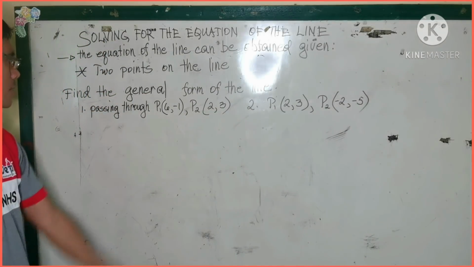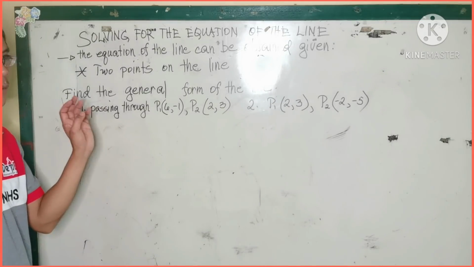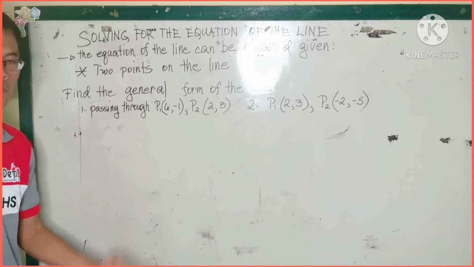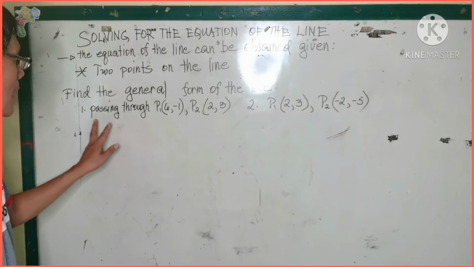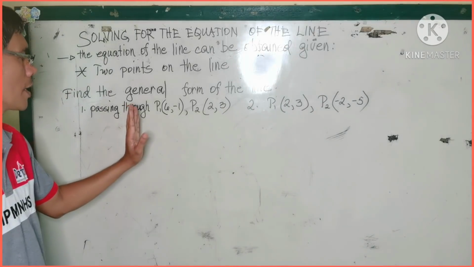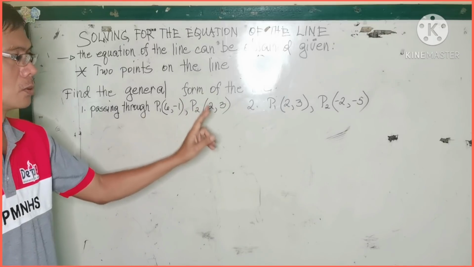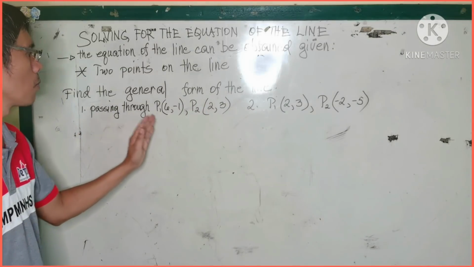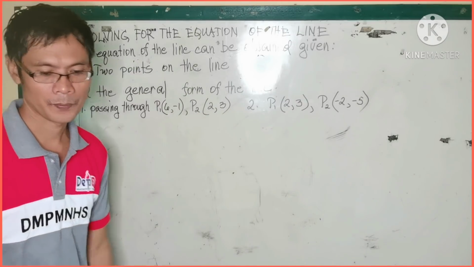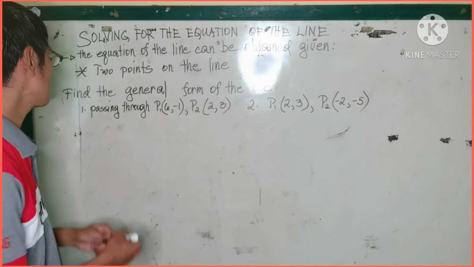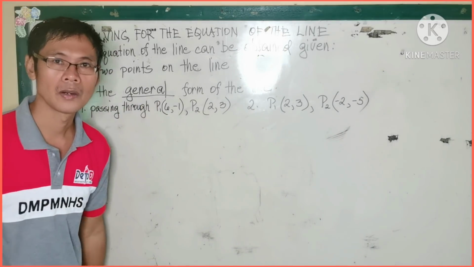Here the direction is: find the general form of the line, or solve for the equation of the line and express it in general form. Number 1: passing through points (6, negative 1) and (2, 3), or passing through point 1, (6, negative 1), and point 2, (2, 3). Basing from the direction, it says general form.